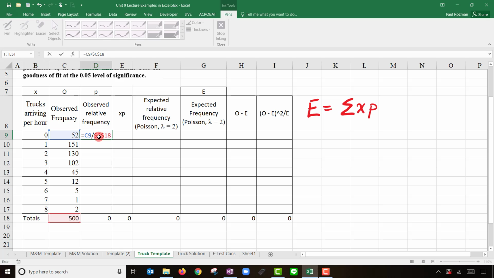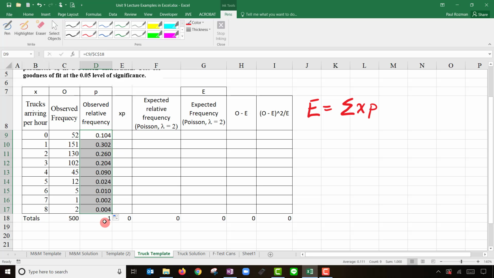So I'm going to calculate the percentage of time that we saw no trucks during a given hour, and it's 10%. And because I set up that formula nicely, I can just copy it down, and I can get all the percentages. So 1% of the time, 6 trucks arrived. And 0.4% of the time, 8 trucks arrived. I added them all up just to make sure everything's still working.